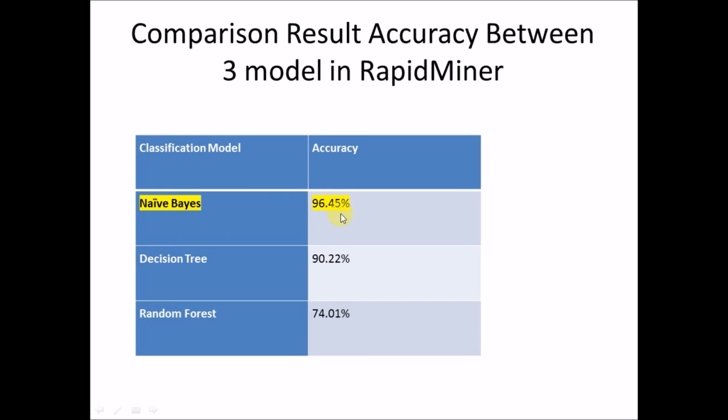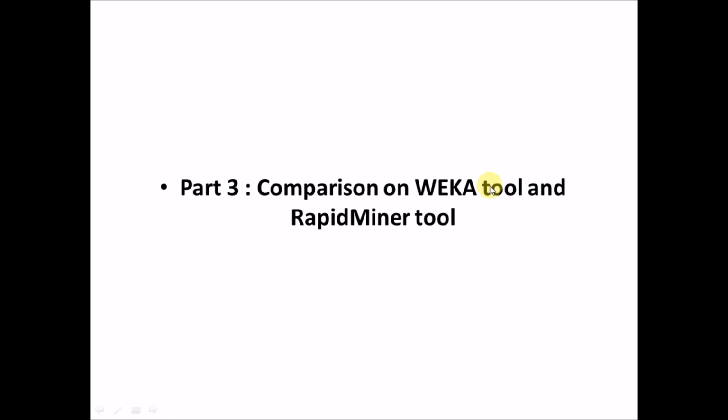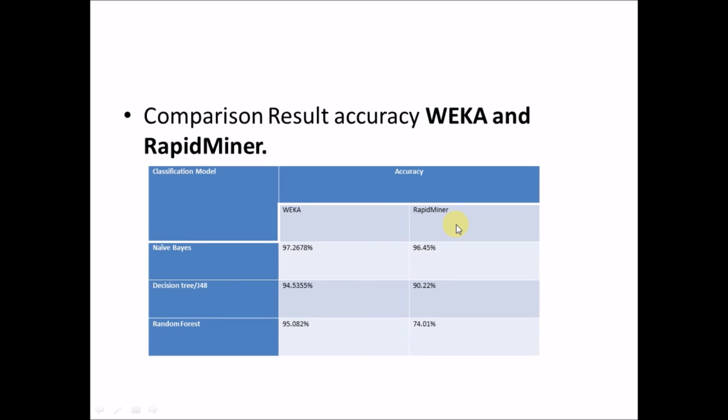So let's proceed to part 3, comparison of WEKA tool and RapidMiner tool. I will explain to you the comparison result of accuracy on WEKA and RapidMiner first. In WEKA, for Naive Bayes, it is 97.2678%, and for RapidMiner, I have stated before 96.45%.